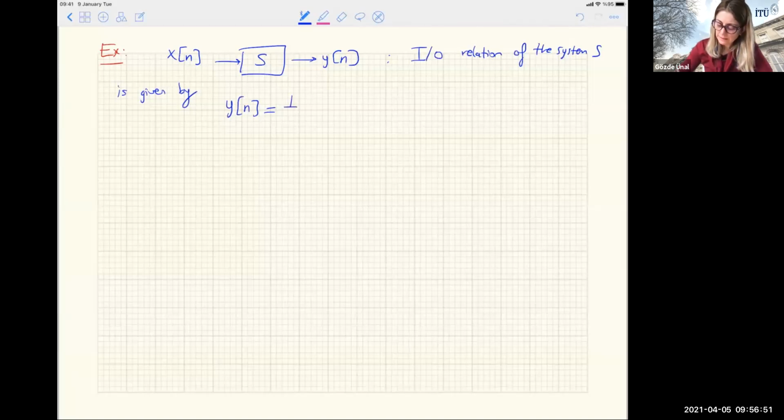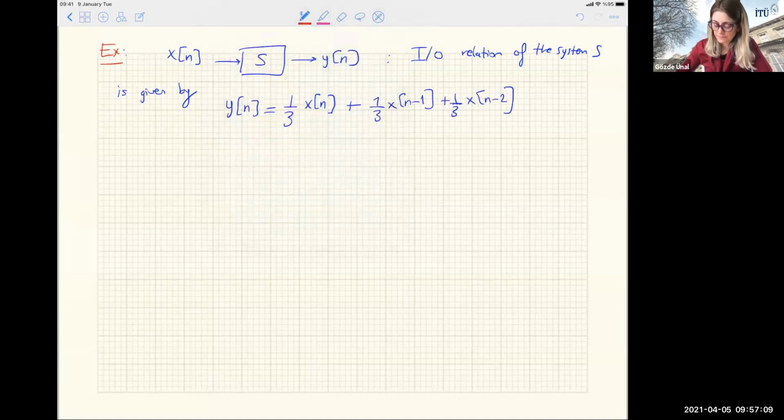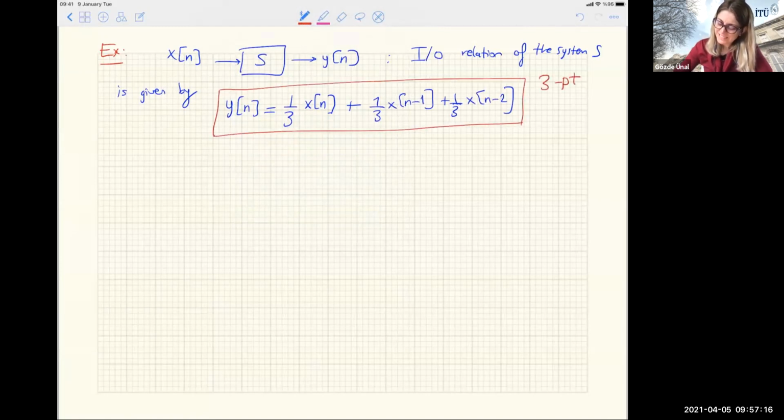So let's say it takes the input value and two shifted values: 1/3 x of n plus 1/3 x of n minus 1 plus 1/3 x of n minus 2. This is what is called a 3-point average system, guys. We will generalize this, of course, to an n-point average system.